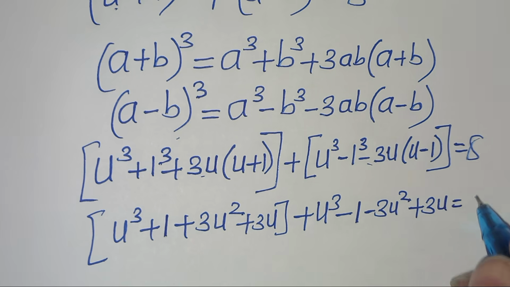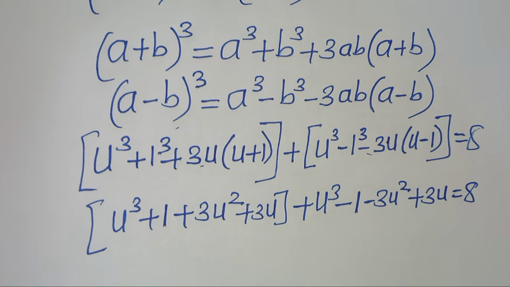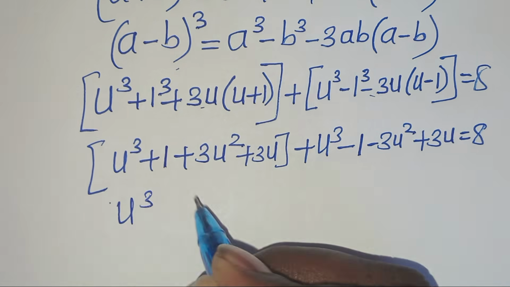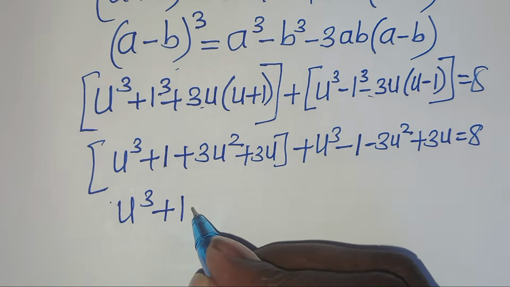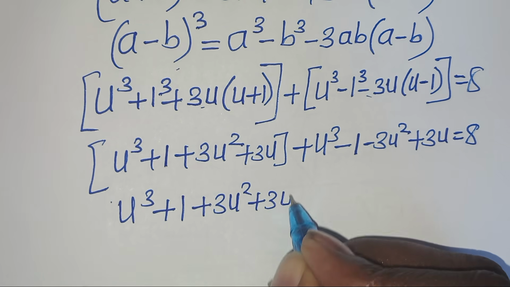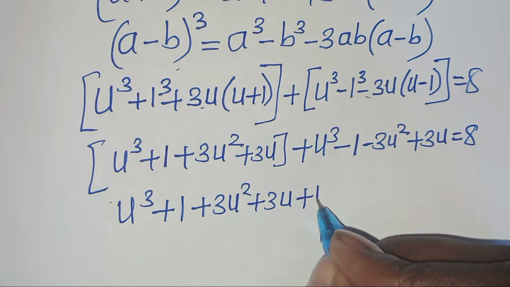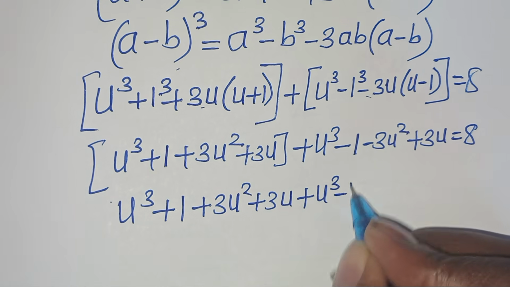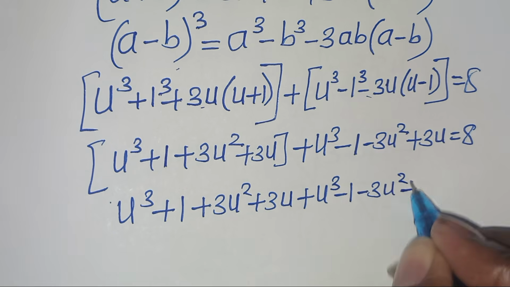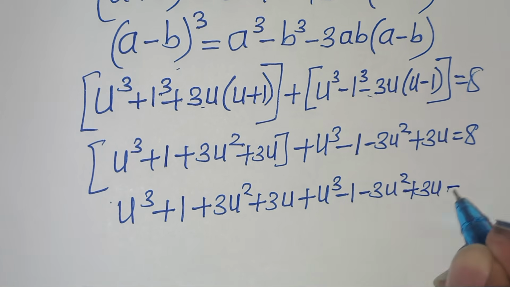And this is equal to 8. So we have u to the power of 3 plus 1 plus 3u squared plus 3u, then plus u to the power of 3 subtract 1 subtract 3u to the power of 2 plus 3u. This is equal to 8.